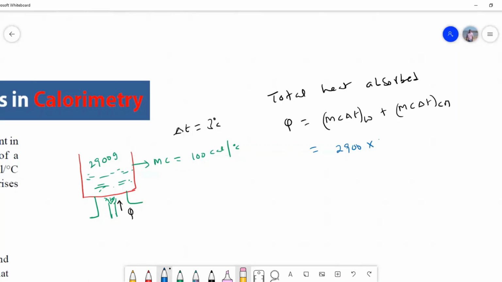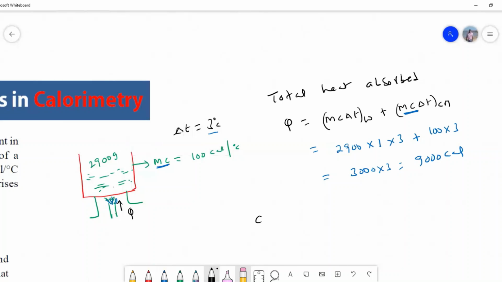So for water, specific heat is 1 calorie per gram per degree centigrade, into the change of temperature, 3 degrees centigrade, plus for the calorimeter the value of MC is given as 100, into again the temperature change of 3 degrees centigrade. If you simplify this, you get 3000 into 3, so 9000 calories. That means the fuel has supplied a total of 9000 calories.